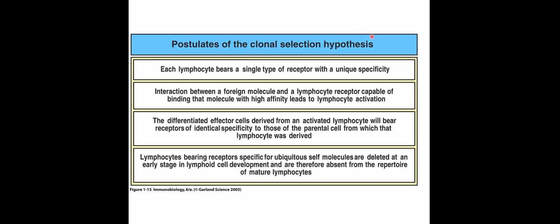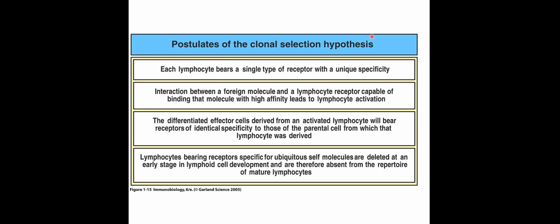What he was working from was the observation that we often don't get the same infection twice. And he was trying to figure out why. They also, at that time, had some understanding that there were factors in the blood that you could transfer from one individual to another that would prevent the second individual from getting an infection that the first individual had gotten before.